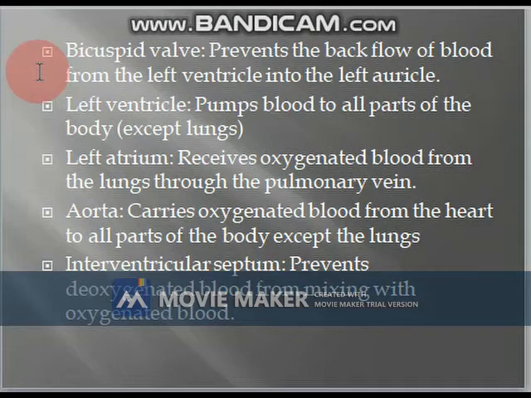The left atrium receives oxygenated blood from the lungs through the pulmonary vein. So we come to the aorta. The aorta carries oxygenated blood from the heart to all parts of the body except the lungs. Interventricular septum. This prevents deoxygenated blood from mixing with oxygenated blood.